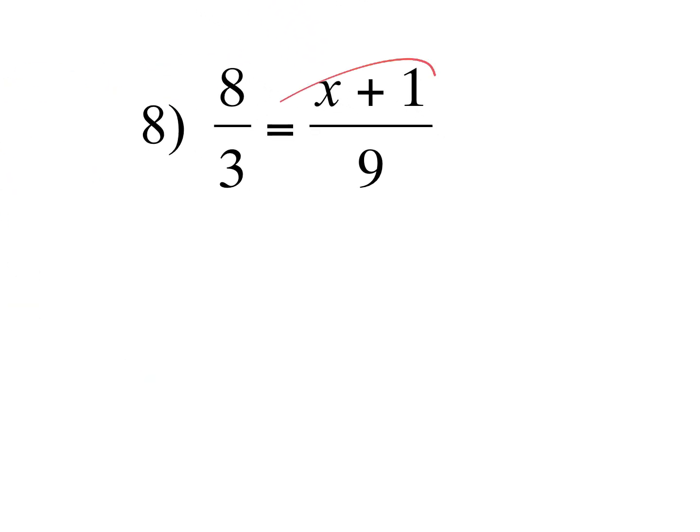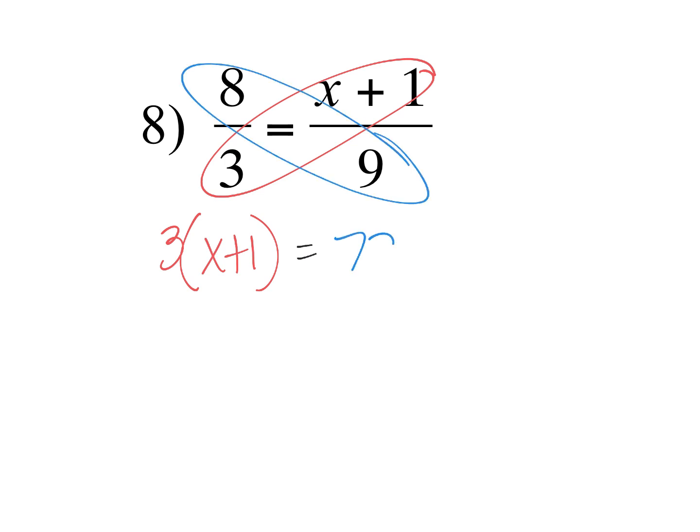Okay. I'm going to multiply these ones. It's going to give me 3 parentheses x plus 1 equals 8 times 9, which is 72. Distribute. So that would be what? 3x plus 3 equals 72.